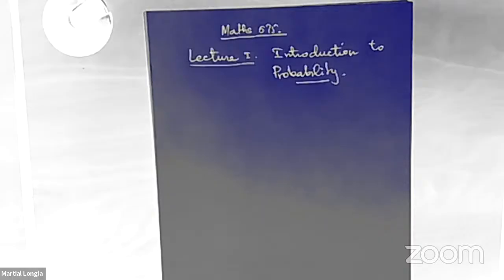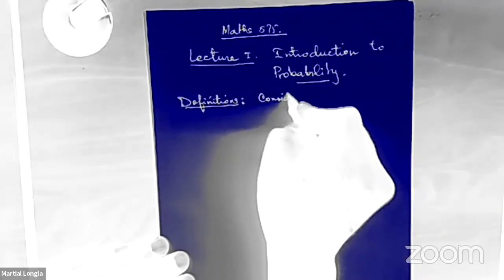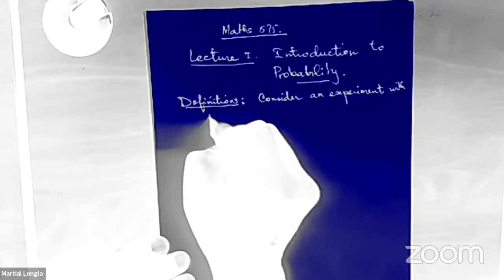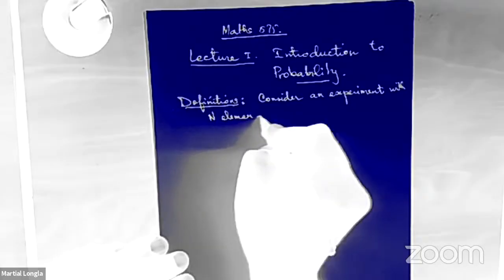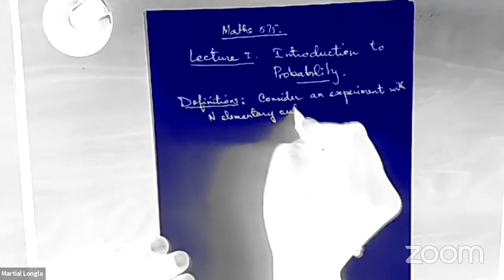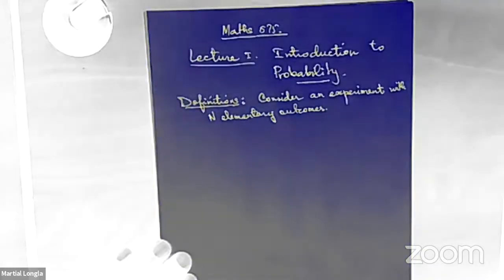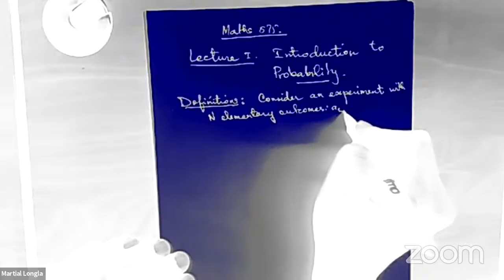All right, let's start with the definitions. We consider an experiment with n elementary outcomes, denoted A1, A2, all the way to AN.